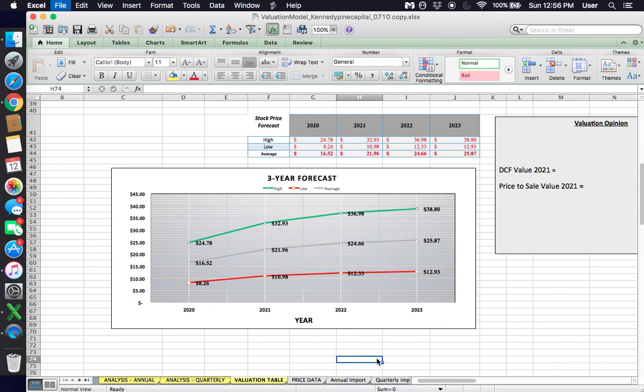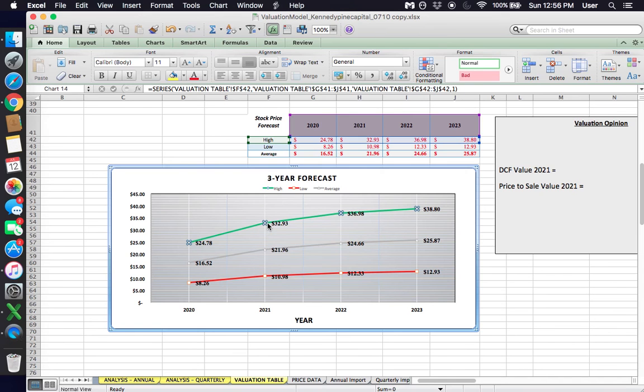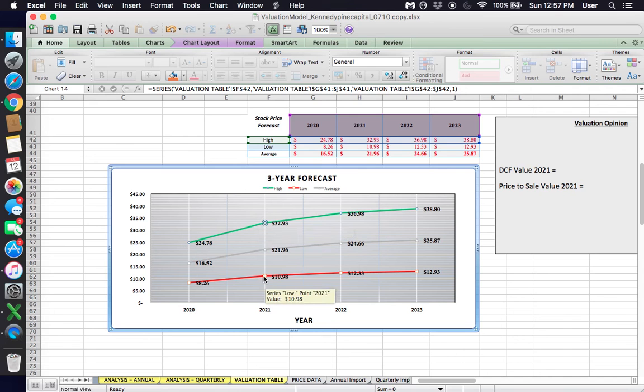So now I know that Upwork going into next year can trade as high as $32.93 for 2021. High end, $33. On the low end, $10, and on average about $21 or $22. So this is my valuation of Upwork.